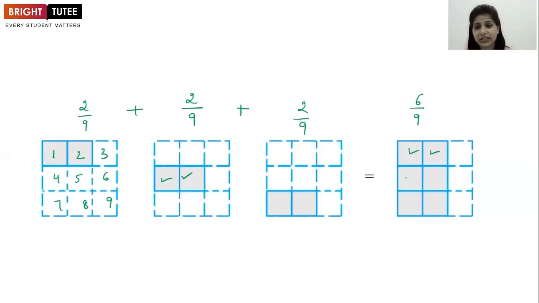Here also 6 parts are shaded out of the 9 parts, which can also be written as 2 upon 9 added 3 times. So 3 times 2 upon 9. Again 3 into 2 is 6 and the denominator is 9. So when we multiply a whole number with a fraction, the numerator of that fraction gets multiplied with the whole number. Clear?